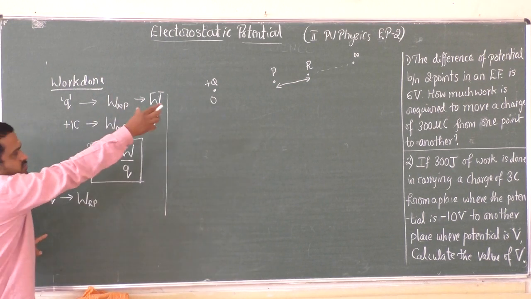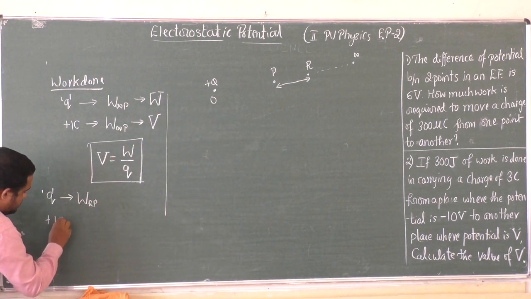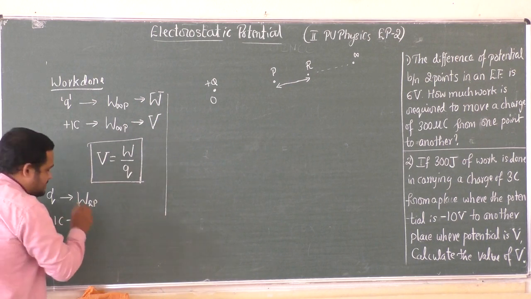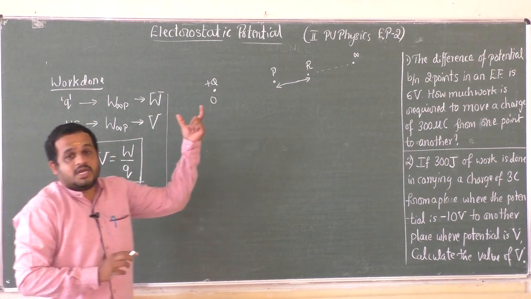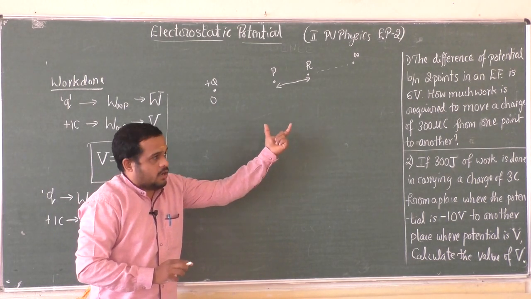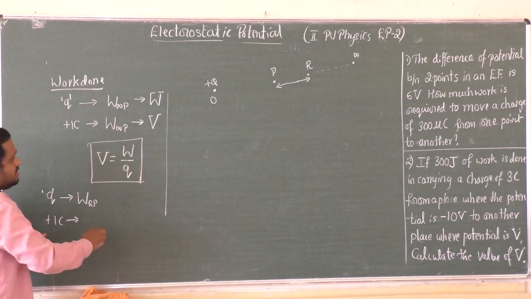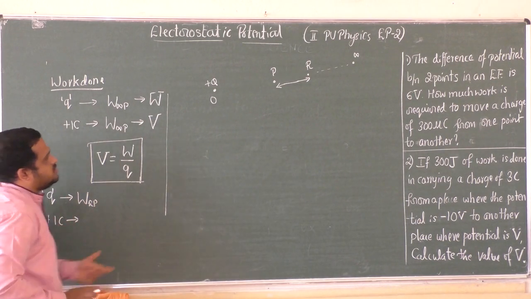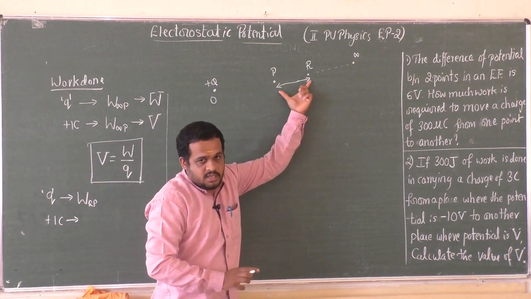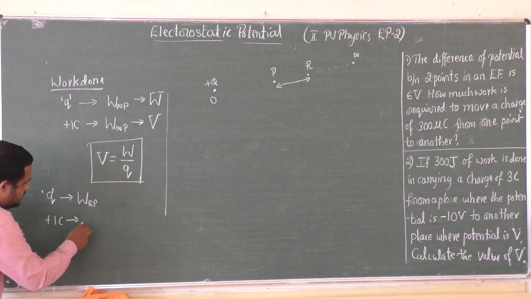If a unit positive charge is displaced between those 2 points, the work done is nothing but the potential difference. In the last class I mentioned that point, that is potential difference. Now this quantity, the work done in shifting a unit positive charge between 2 points inside the electric field, is nothing but potential difference.